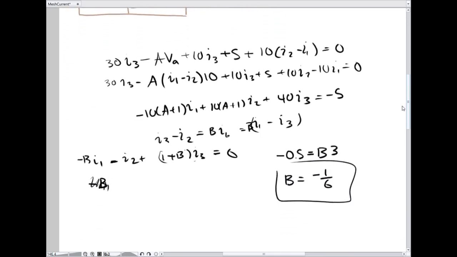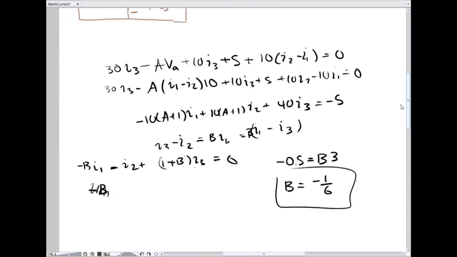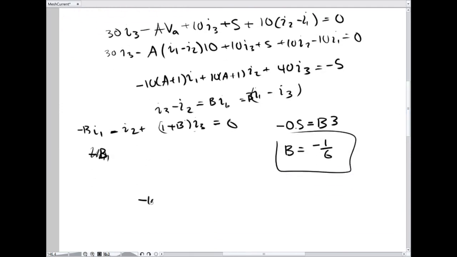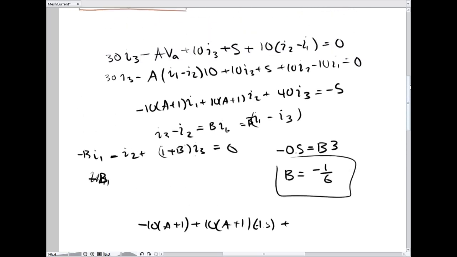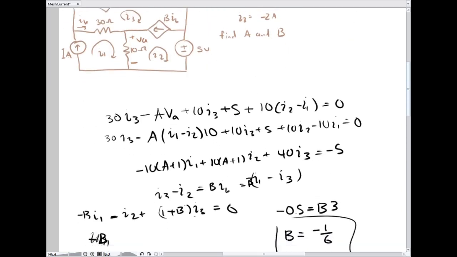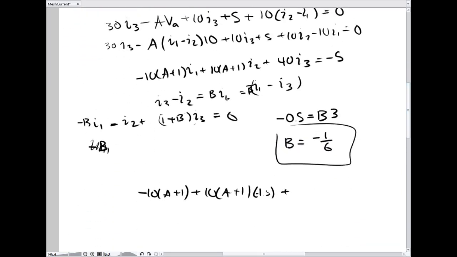Okay. And then for A, minus 10 A plus 1, plus 10 A plus 1 times minus 1.5, plus 40 times minus 3 is minus 80, equals 0.